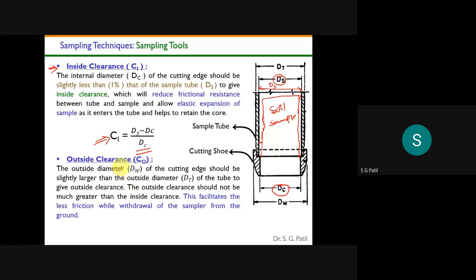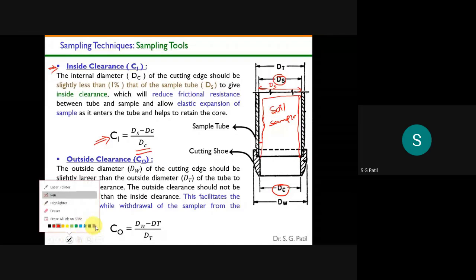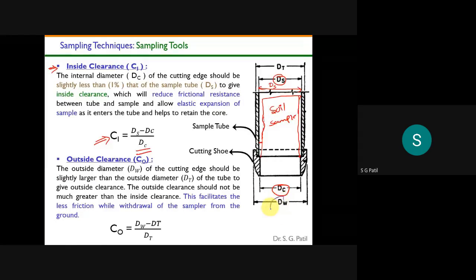Similarly, there is another clearance called outside clearance. So what is the outside clearance? Outside clearance means you will always deal with the outside dimension of your cutting shoe and the outside dimension of your sampling tube. That is nothing but Dw minus Dt, Dw minus Dt divided by Dt, which will give me the outside clearance.